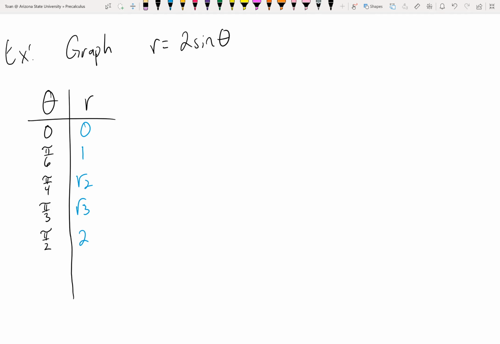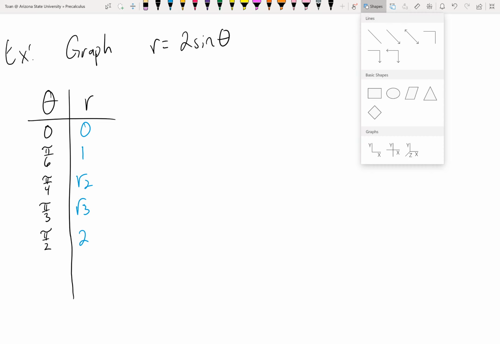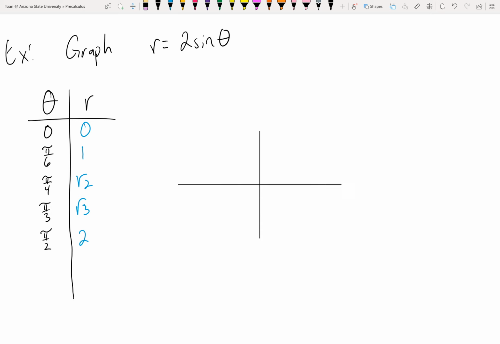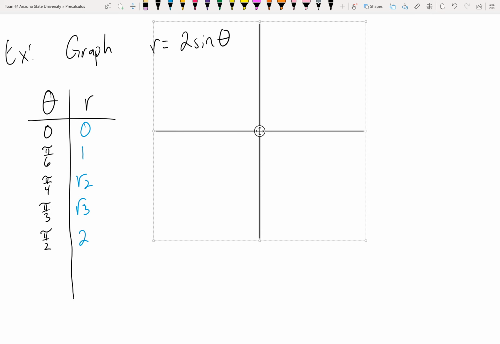If we were doing this in class, I would give you some, but obviously we're not in class, so we're just going to eyeball it. It would be nice if you had a protractor to be accurate, but we will make do. I will try to be somewhat accurate, but as long as you get the general idea, that's all that matters.